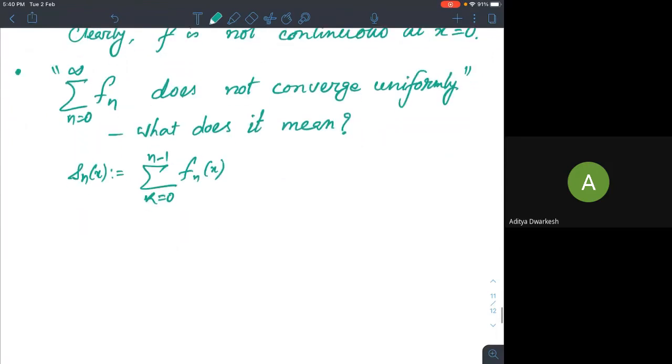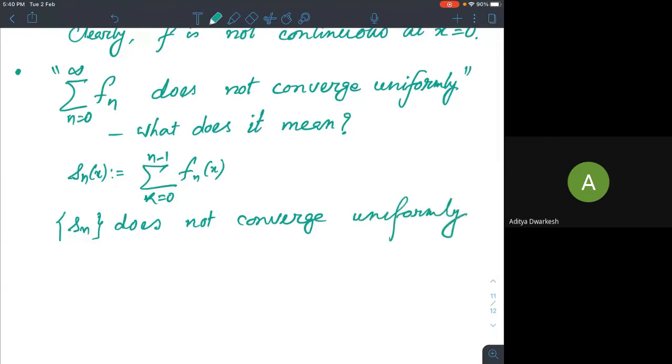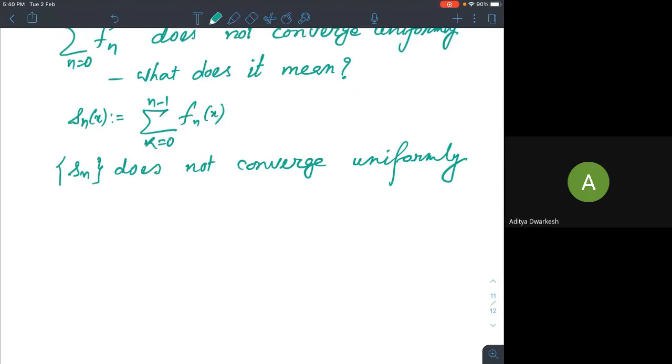This series S_n does not converge uniformly, which means there exists epsilon greater than 0 such that the nth partial sum is greater than epsilon given some value of x.